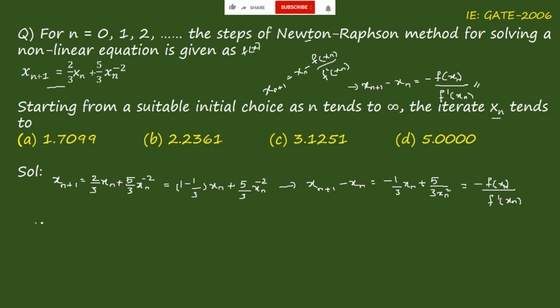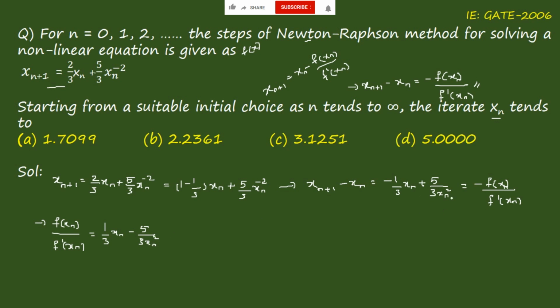Now we solve the values. Then we get f of x of n by f dash of x of n is equal to 1 by 3 x of n minus 5 by 3 x of n square, right?